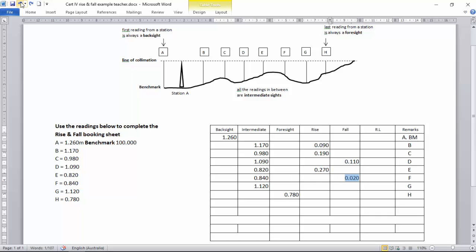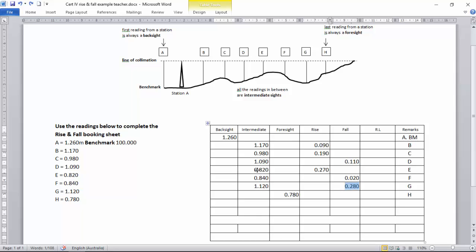Okay, E is a fall of 20 mil. F was a fall of 20 mil. G is a fall of 280 mil. We've gone from 840 millimeters to 1.12, and we can see that it is definitely a fall.